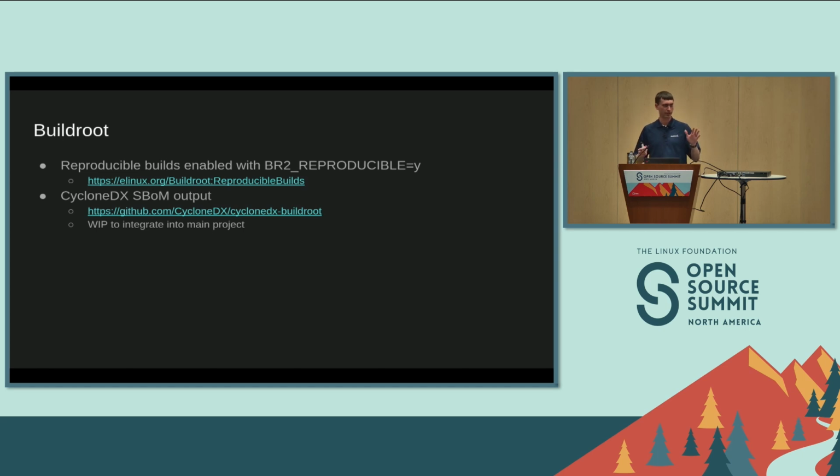Yeah, people are nodding, so that's good. I got it right. And it's a GitHub project right now. I think they're working on integrating it into the main project, or it is integrated. I'm not exactly sure of the status of it. So either way, this is still really useful. It gives you the SBoMs that you need. It's really, really good.